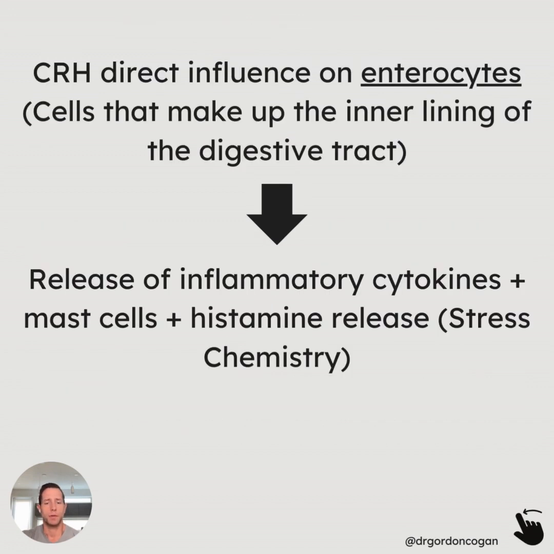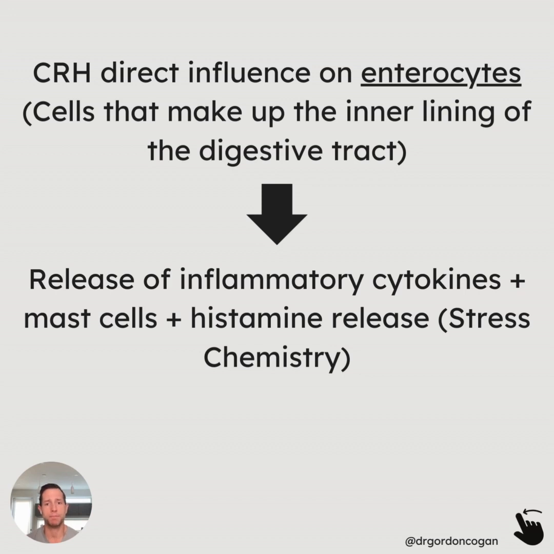Okay. Some interesting research that I've come across, talking about the etiology or the mechanism by which this affects gut health and digestive symptoms. One of these hormones, CRH in particular, has been shown to have a direct influence on the enterocytes of the gut. These are the cells that make up the inner lining of the digestive tract. What happens?